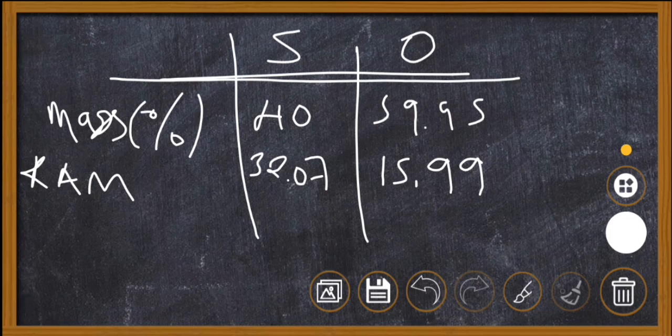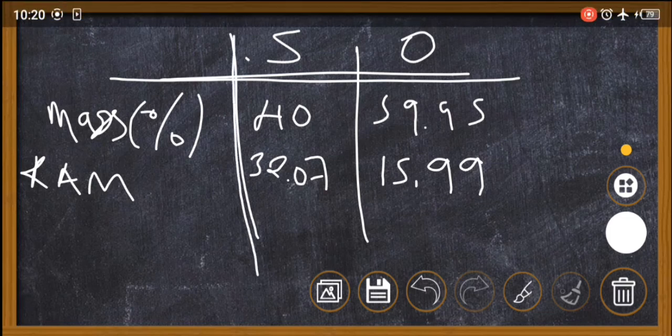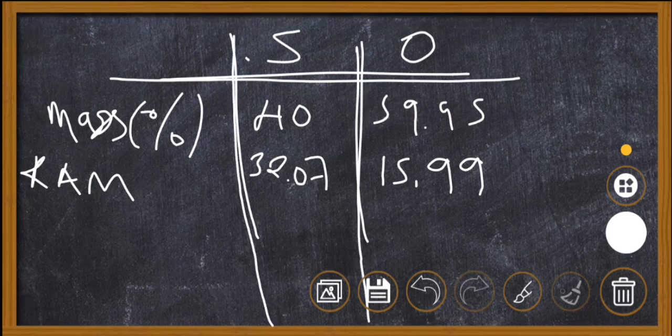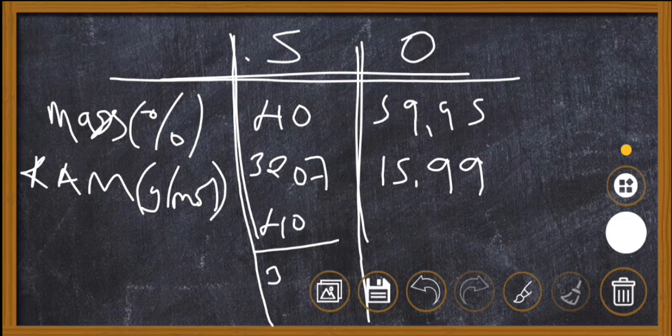The next thing we have to do is divide these values. We divide this value by this, likewise this value by this. The relative atomic mass, of course, is in grams per mole. So let's divide 40 by 32.07.